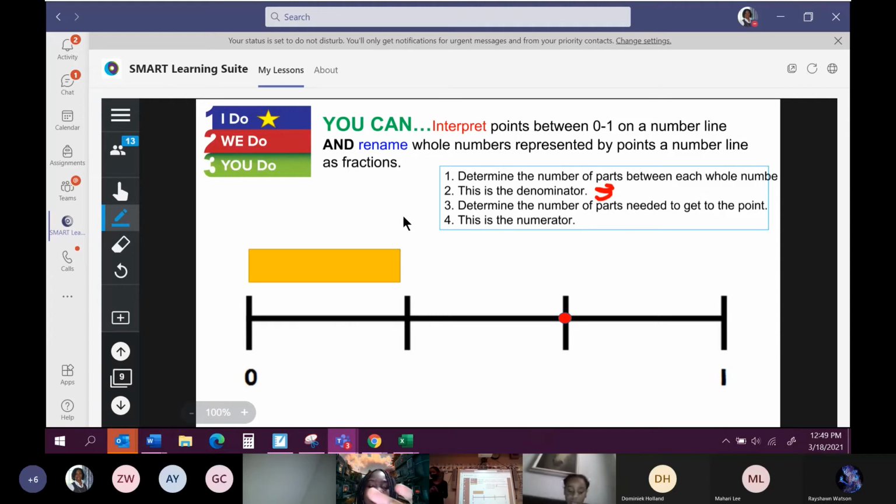Then now I got to determine the number of parts I need to get to that point. How many of these spots or these spaces or rectangles will I use until I get to this dot? So I'm thinking, oh, okay, that's 1, and then what? 2. So this fraction is 2/3.